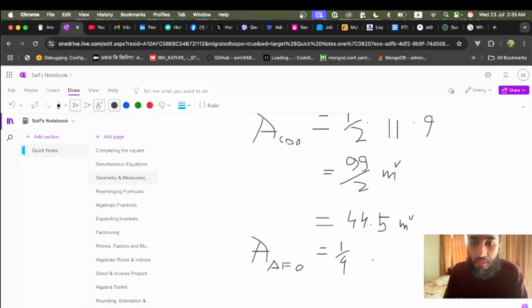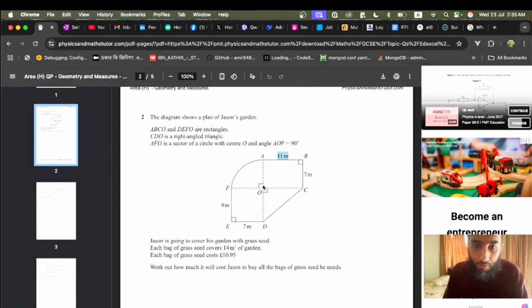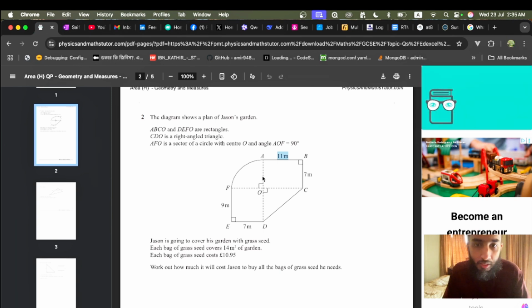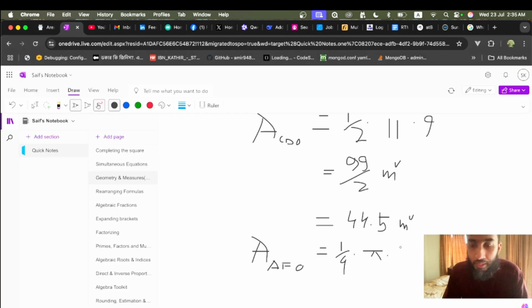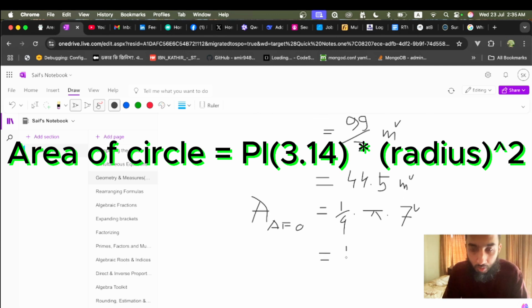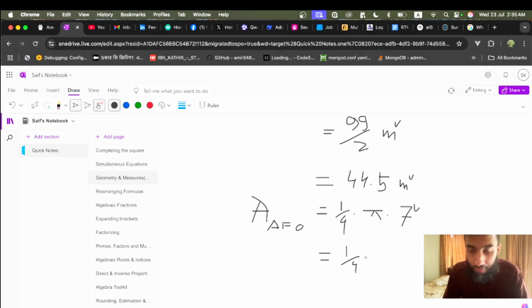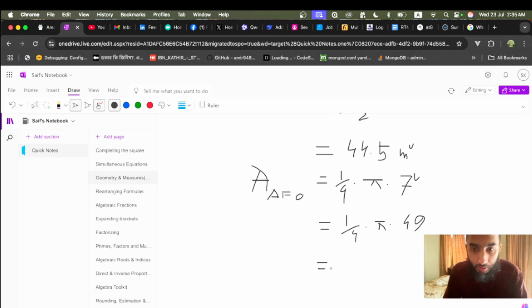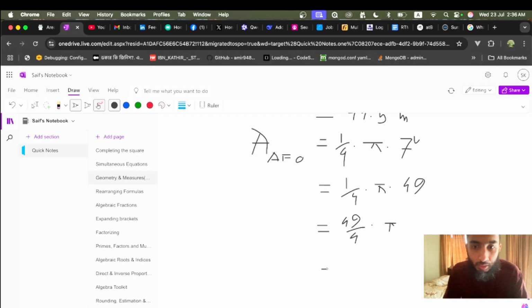The area of the entire circle is pi into the radius squared. The radius here is 7, so it's pi into 7 squared. So this is 1/4 multiplied by pi multiplied by 49, which is 49 by 4 into pi.